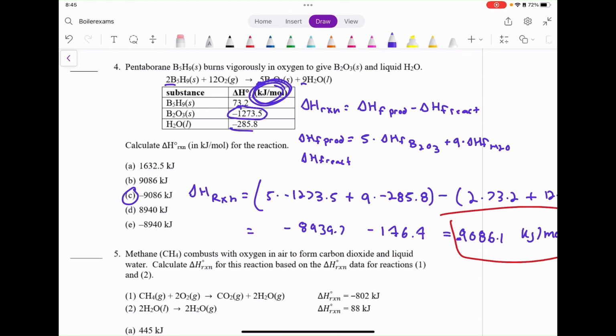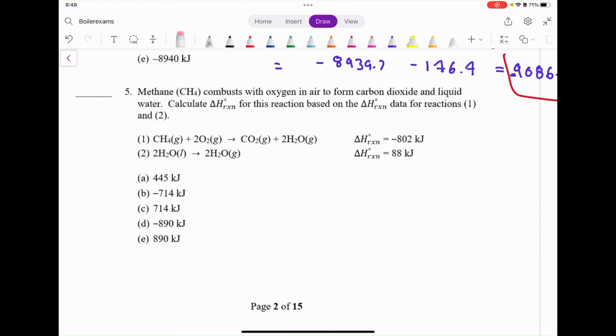C, 4C. 5. Methane combusts with oxygen and air to form carbon dioxide and liquid water. Calculate delta H reaction for this reaction based on the delta H reaction data for reactions 1 and 2. So let's first write out what this reaction is. So they say methane is combusting, which means it has O2.